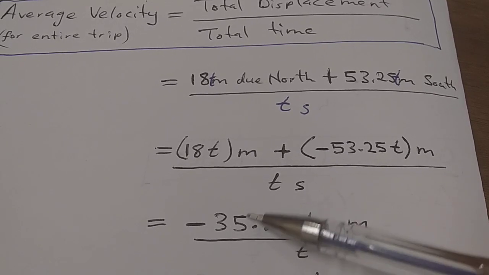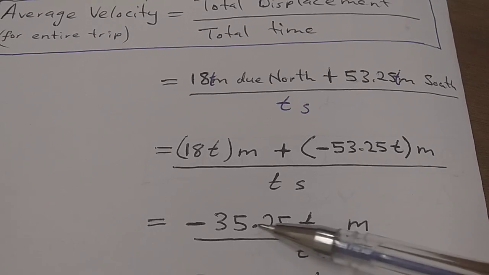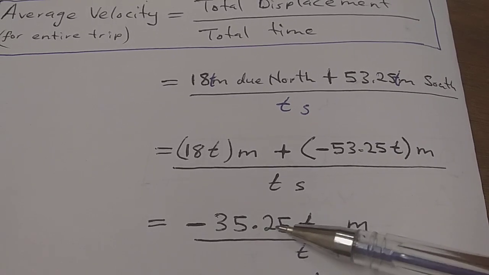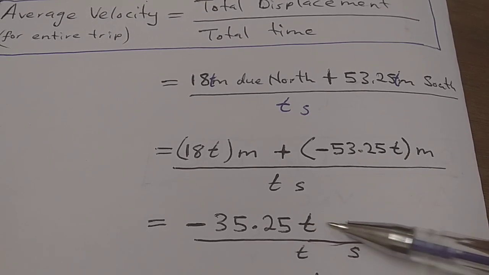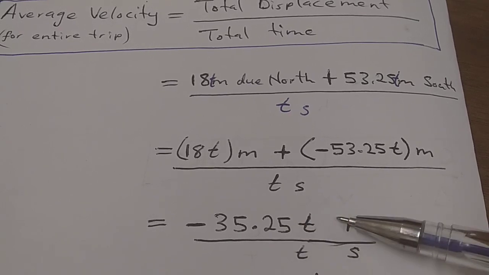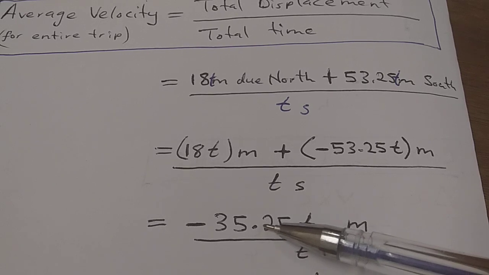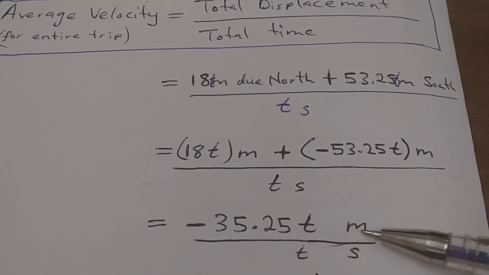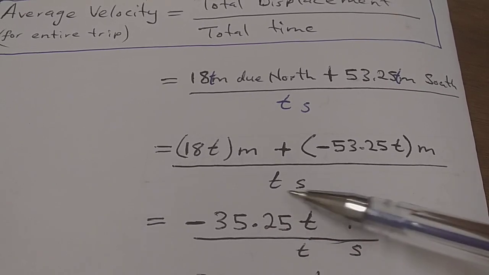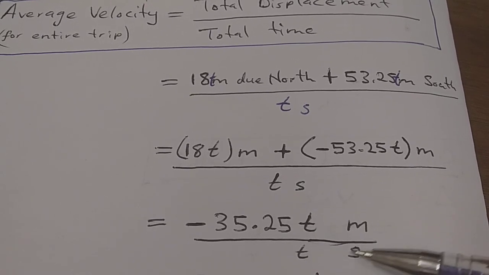When you add them, it's going to give you negative 35.25 t meters. That is our total displacement. Okay, it is negative 35.25 t meters. All right, our total time, remember, is t seconds.